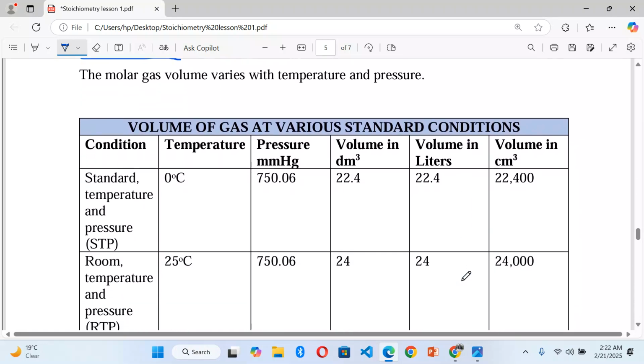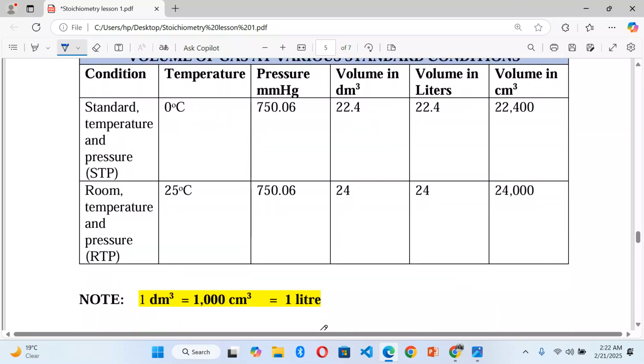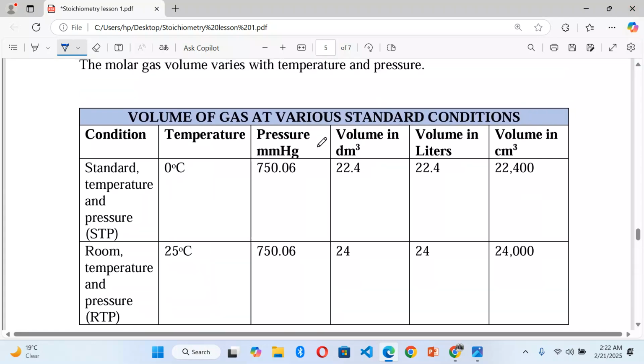Now let's look at this table. I want to bring the full table here. I believe we can see it very well. Okay, there. In the first column, we are showing the condition, the temperature, and the pressure.